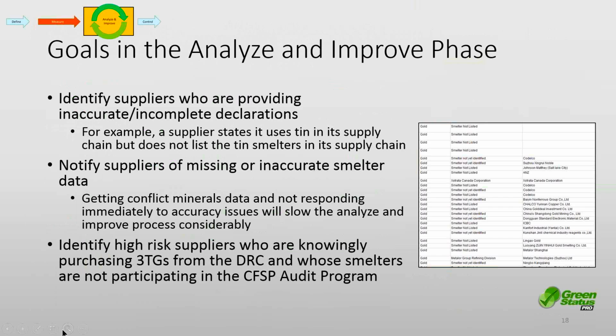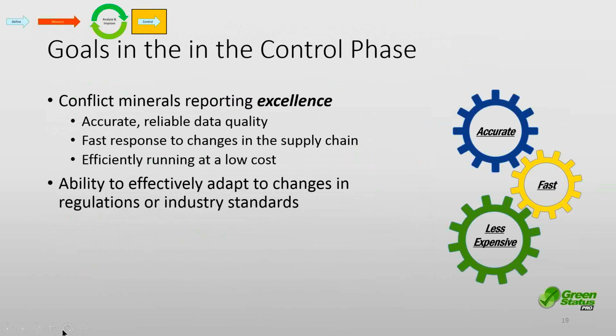During this process, you'll also need to identify your high-risk suppliers that are either non-compliant or unknowingly purchasing 3TGs from the DRC region and who are buying from smelters that are not part of the CFSP audit program.